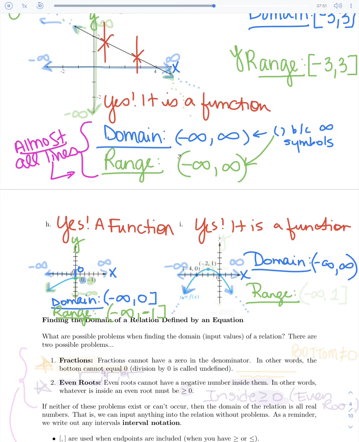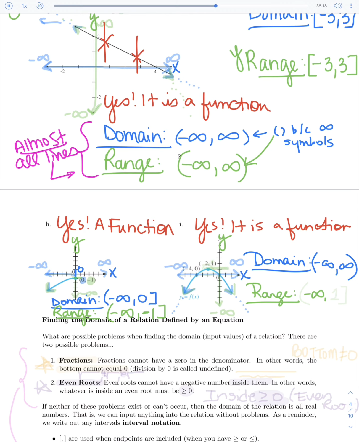Okay, how about the range? With the range, we're going to start at the bottom end with negative infinity. Notice both sides of our graph are going down forever. So we can definitely start with a negative infinity. Now working our way up, our graph does eventually stop here at a height of whatever this point is.